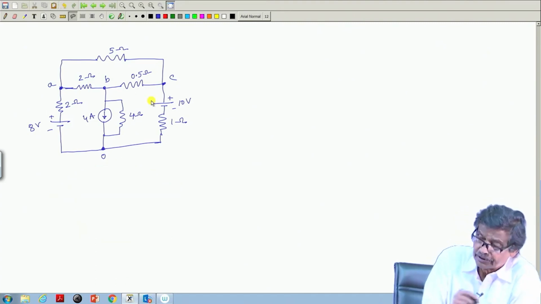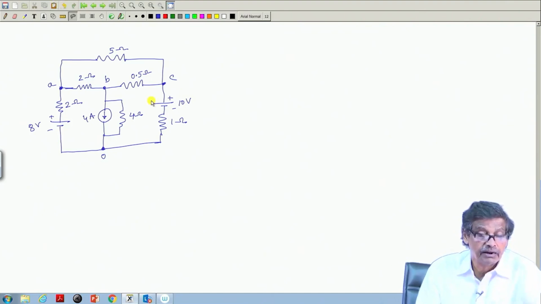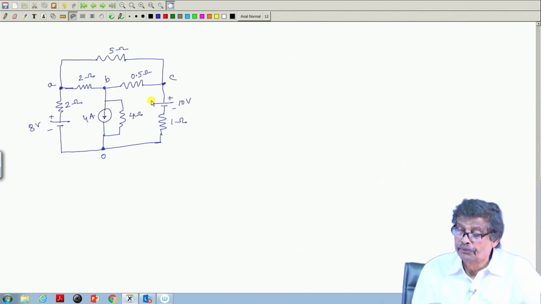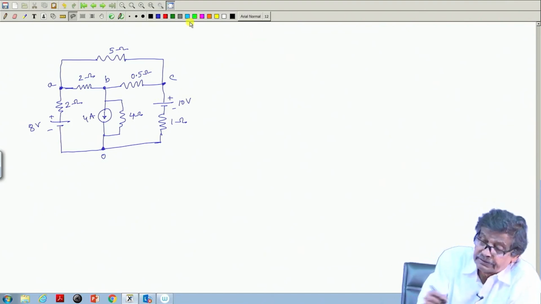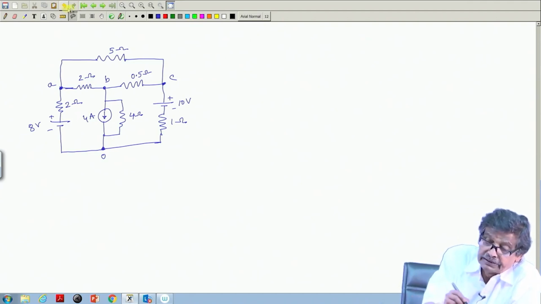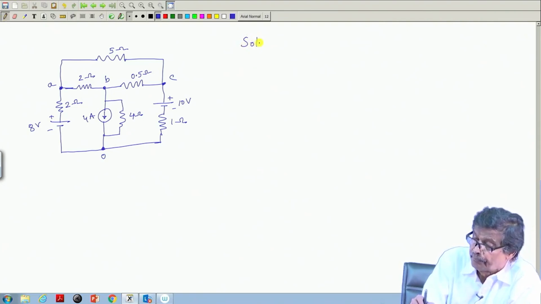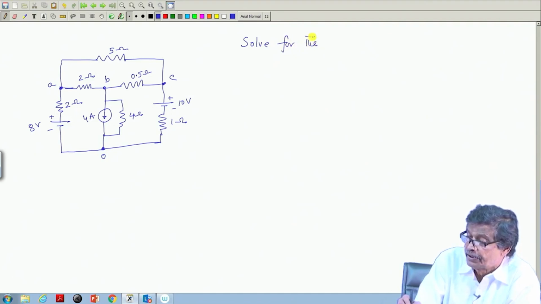Suppose this is the same network, we have to solve for the twig voltages.